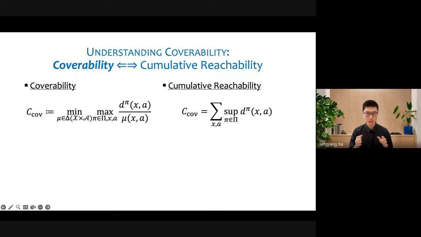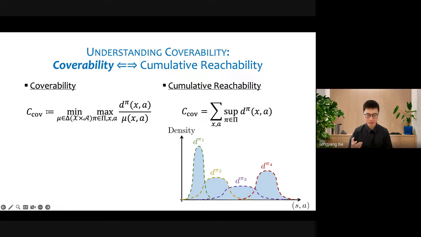That is, we take the integral over state x and action a of the largest possible density over our policy class. So if we come back to our previous example, the cumulative reachability is roughly the mass of all this blue region, where we only count every place once, even for this overlap region.